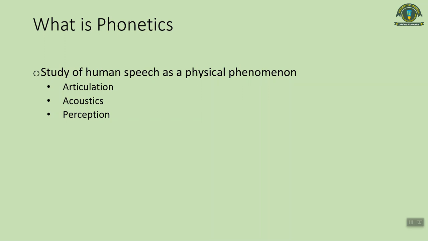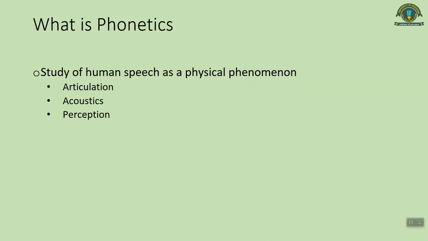In articulatory phonetics, we see how speech sounds are produced and from where they are produced, and we also see how we can improve our pronunciation. Then there is acoustic phonetics.